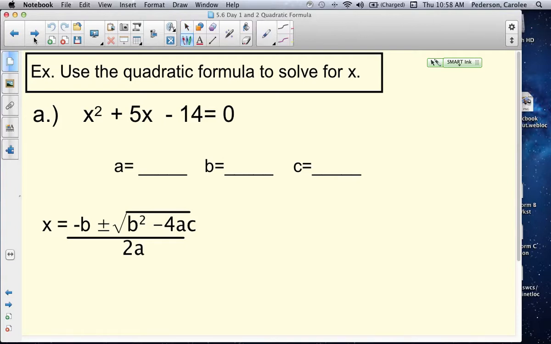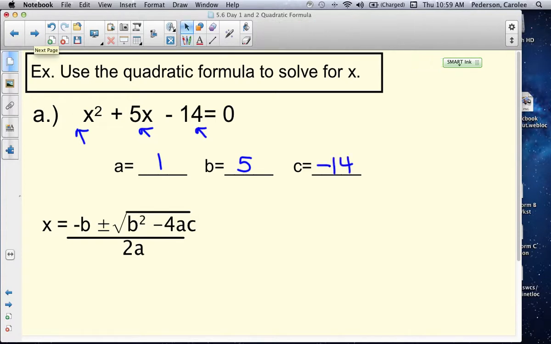Our a value is the coefficient in front of x squared, so that coefficient is 1. The b value is the coefficient in front of the x term, which is a positive 5. And then the c value is your constant, which is -14.